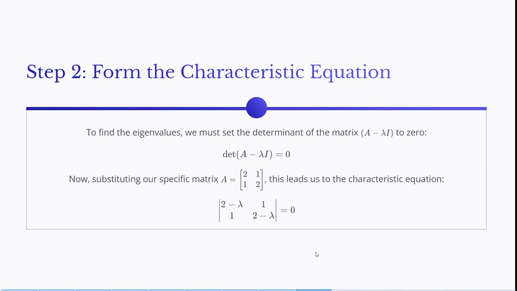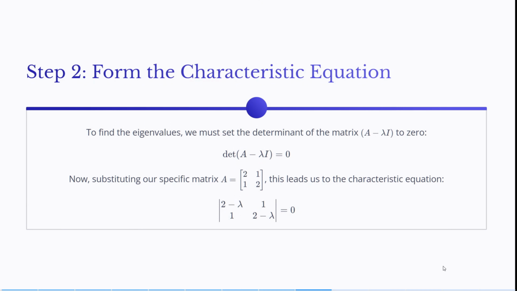So now we form the characteristic equation. We'll plug in the value of the matrix A and set the determinant of this matrix to 0, which gives us the characteristic equation. This is the equation whose solutions are the eigenvalues.